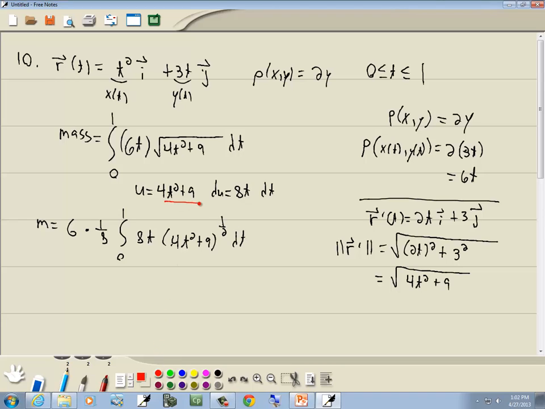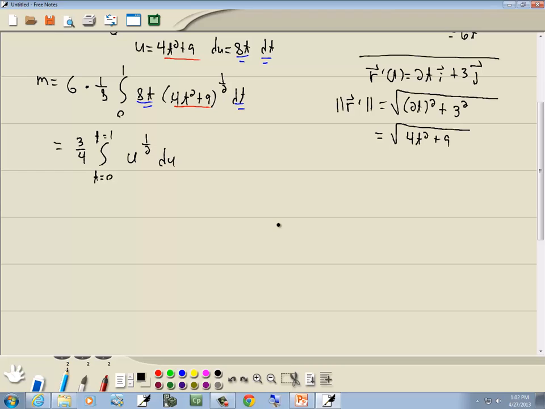And now this matches that: 8t dt, 8t dt, so we can do our u substitution. Now 6/8 is 3/4, and these will be t equals 0 to t equals 1. A lot of books will change these to u values at this point, but I like to do it this way. u to the 1/2 du.